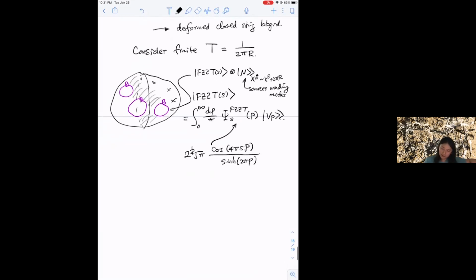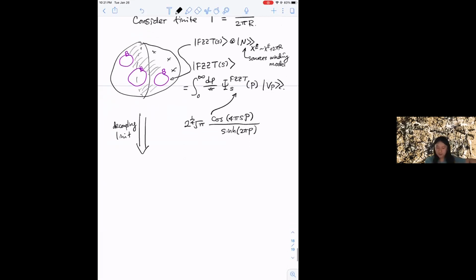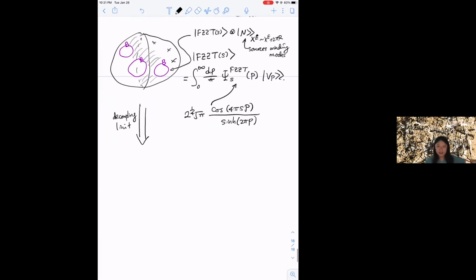Okay. All right. So now in this decoupling limit, some kind of 't Hooft limit, our expectation is that the FZ branes themselves disappear, but their influence remains, and the influence is through the closed strings sourced by the FZT brane.